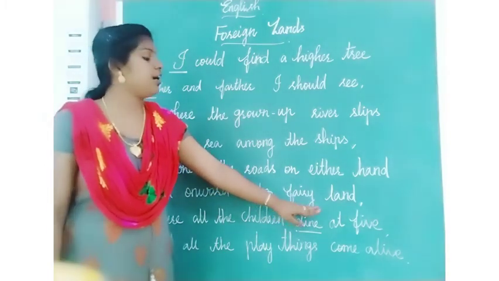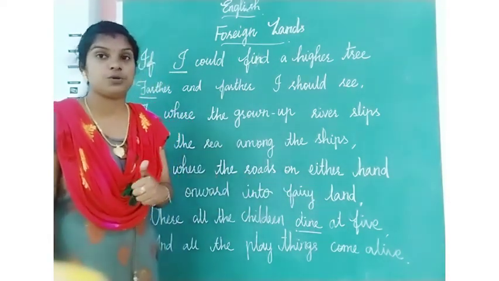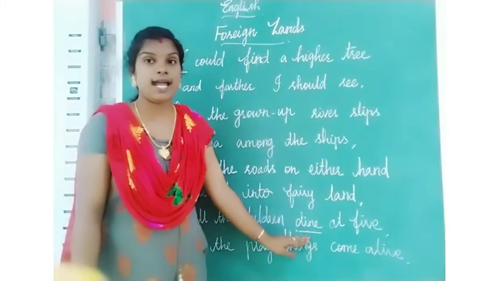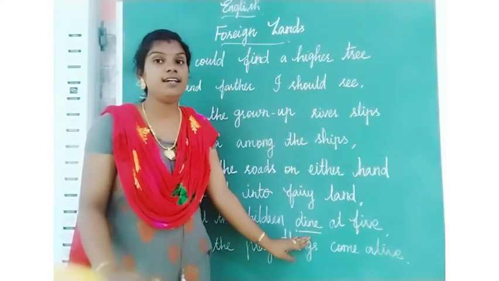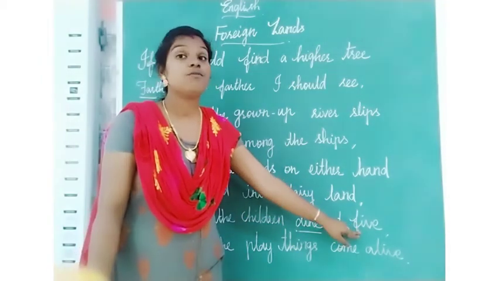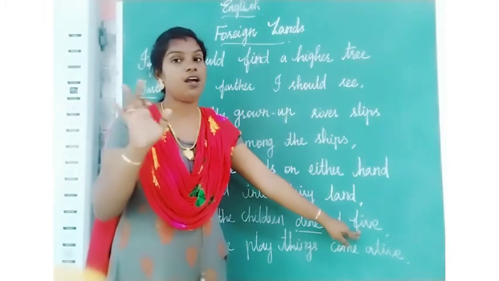In the fairyland, what did the children do? The children dine. What is the meaning of dine? Eating dinner. The children dine at 5 o'clock. Usually we have dinner at 7 or 8, right?